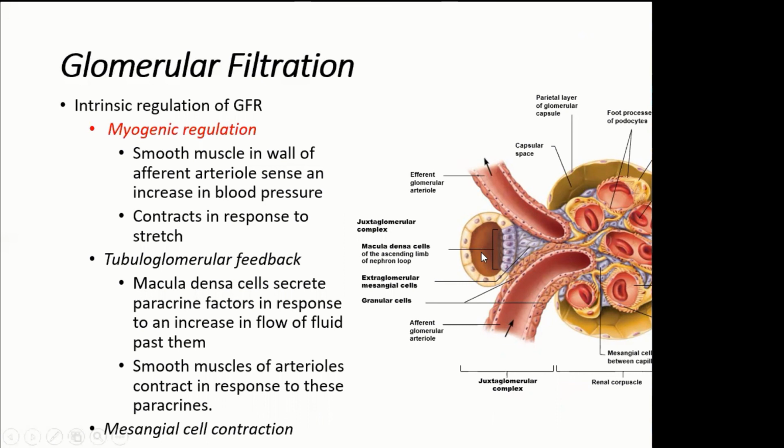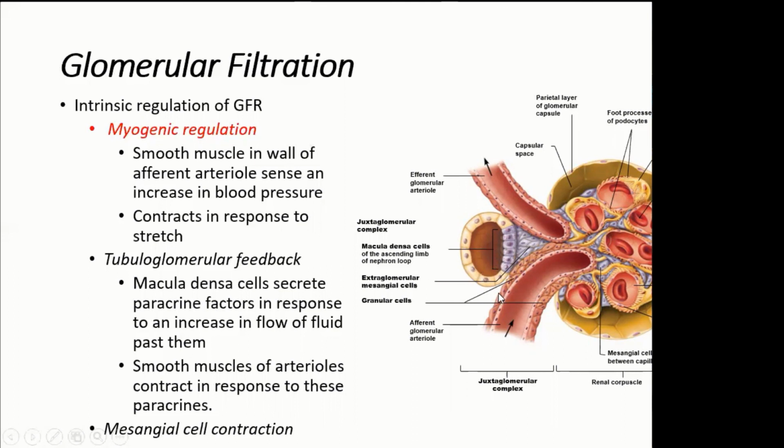So all the stuff here has gone through most of the nephron already. And here it's touching the arterioles as it loops back, right before it dumps into the collecting ducts and then into the ureters. Now, it has special cells in the ascending limb of the nephron.